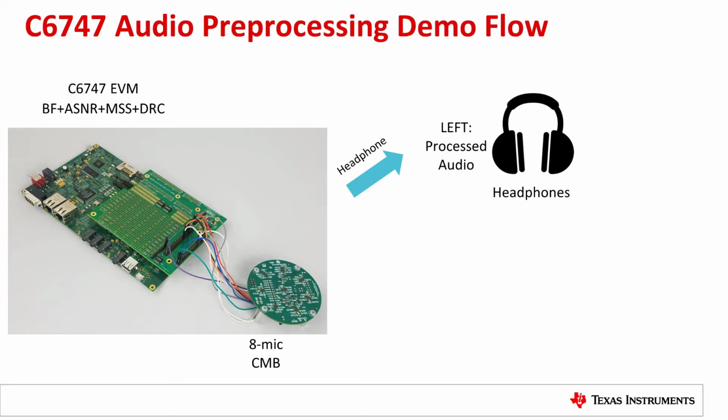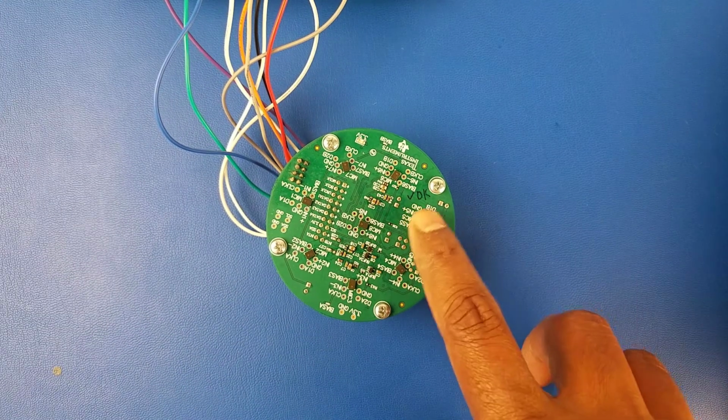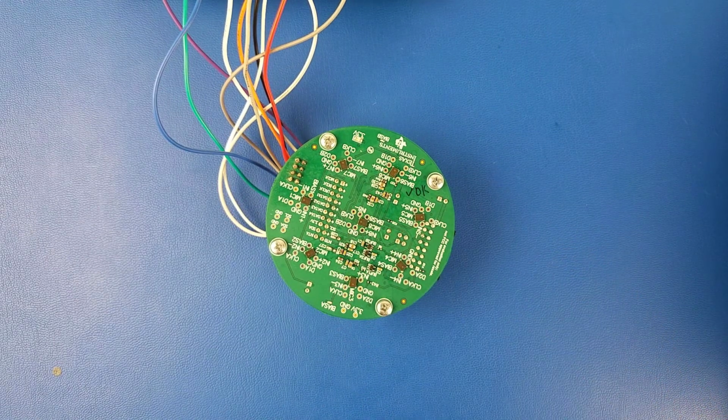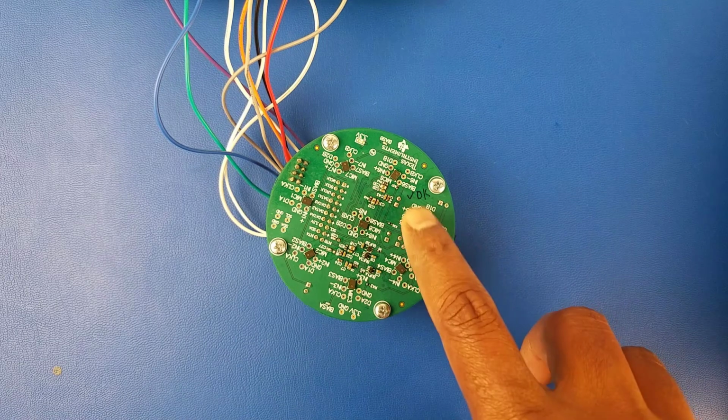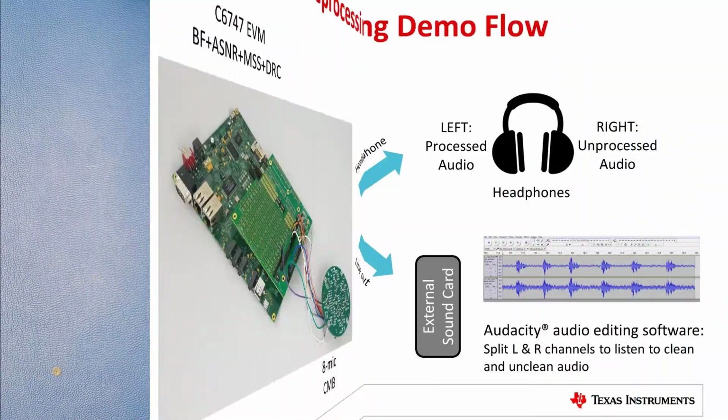The left side will have the processed audio and the right side will have the unprocessed audio. You can rub your fingers over each microphone to see which one is being piped to which headphone. Please be careful as you rub your finger over each microphone, as the volume levels can be high.